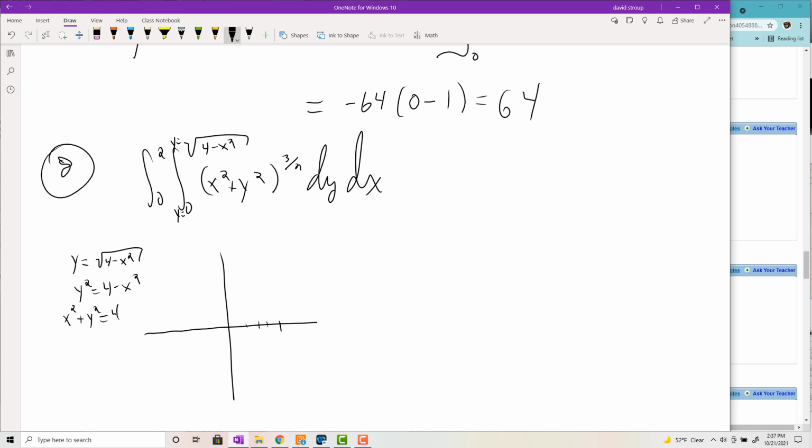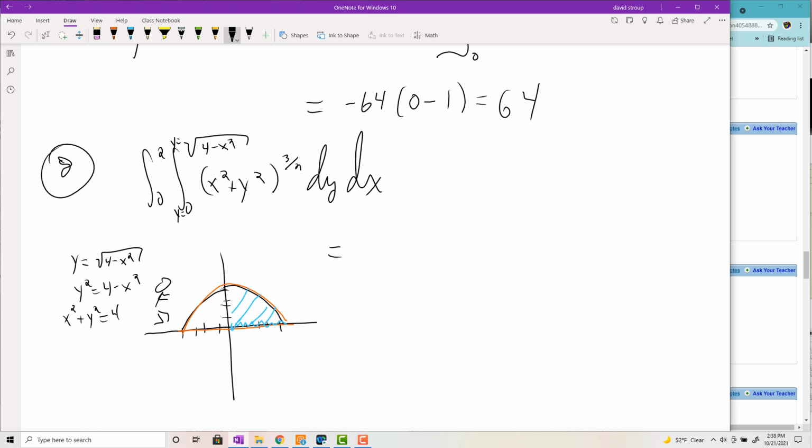The positive square root tells you it's the top hemisphere of the circle. So it's this portion. So I'm going from y equals 0, which is of course the x-axis, to y equals the square root. And then on the x-axis, I'm collecting stuff going from 0 to 2. So point to point, that's actually from here to here. And again, we're only dealing with this one quadrant.